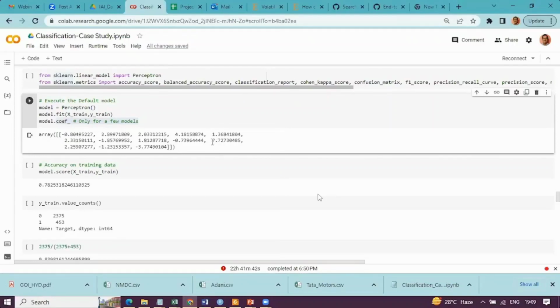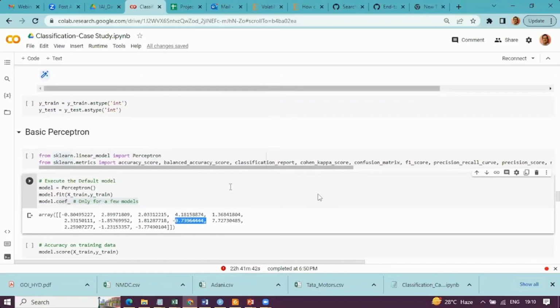Because we have done the normalization, standardization of the data, it is very much possible that the coefficient with the highest value, either with a positive or a negative sign, is more influential, and the variable with the lowest coefficient, either positive or negative, is the least important kind of variable.